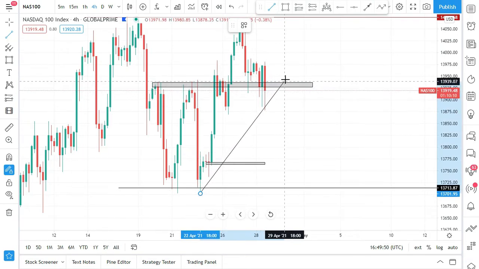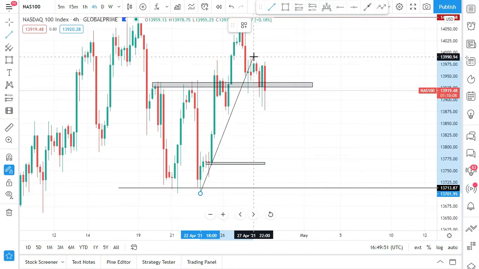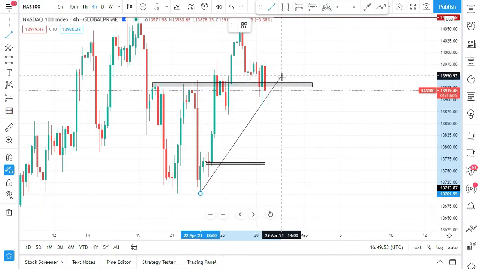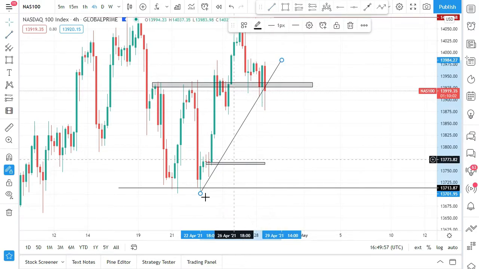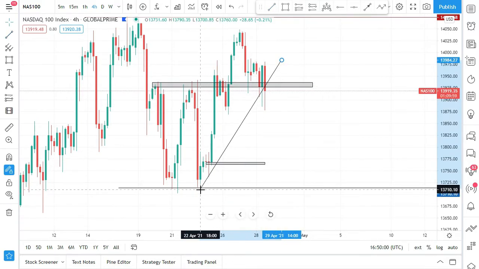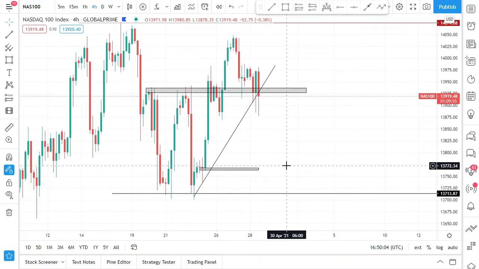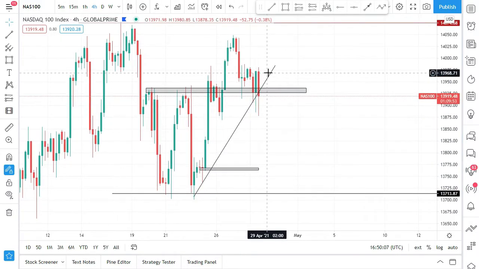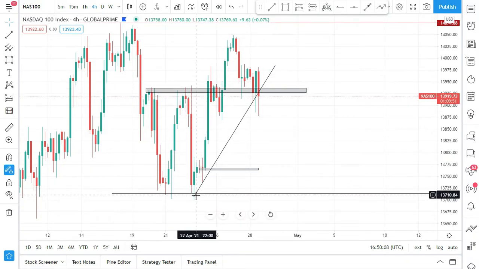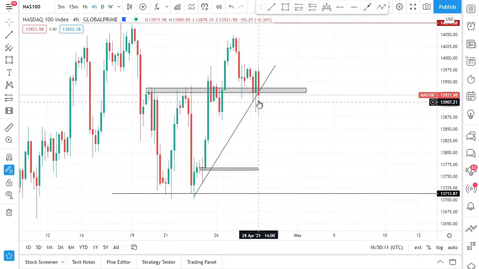Also this trend line. Now I can place it there. Okay, in this trend line, in this uptrending support, we have our first touch, second touch, and our third touch.